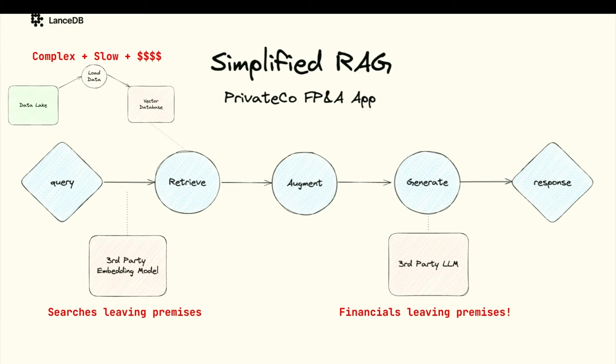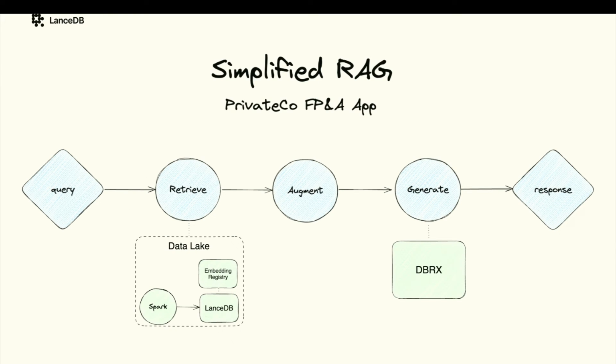Okay, so basically the problem with this is at different points in your pipeline, the common ones that you build to start is often not very private and not very scalable. Instead, in your data lake, we can now use LanceDB, and also you can use DBRX to keep everything on premise.